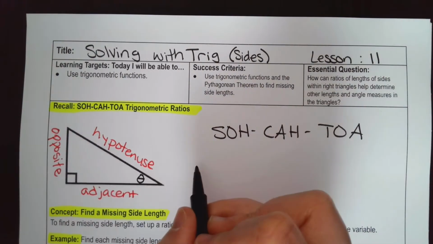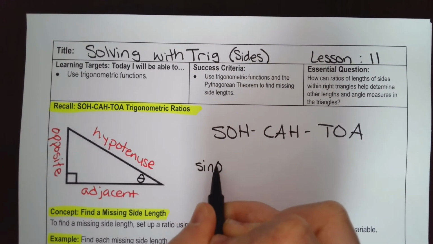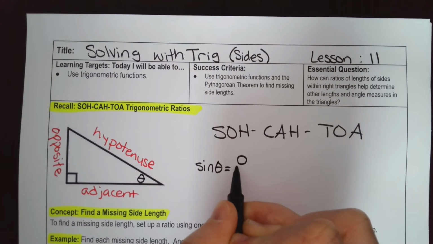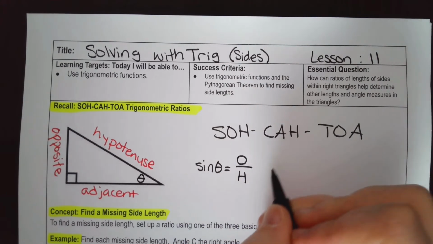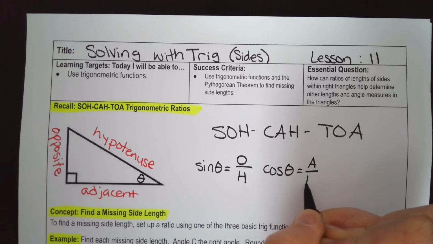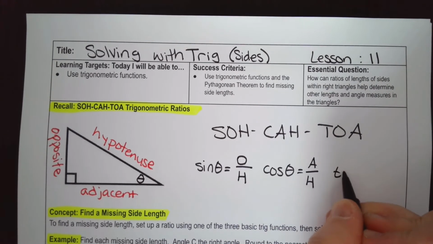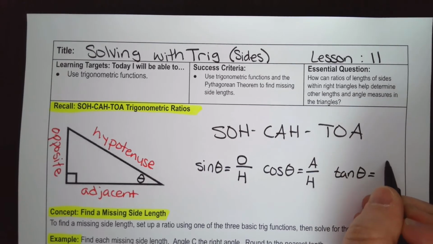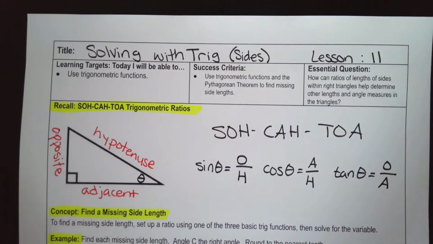So SOHCAHTOA is sine of theta is equal to opposite over hypotenuse. Cosine theta is equal to adjacent over hypotenuse, and tangent theta is equal to opposite over adjacent.